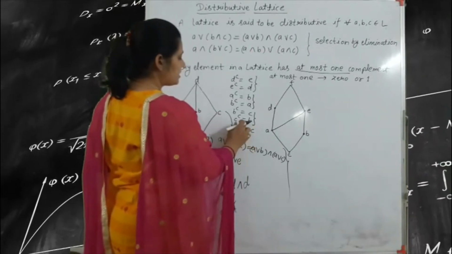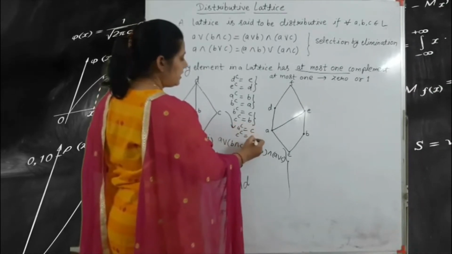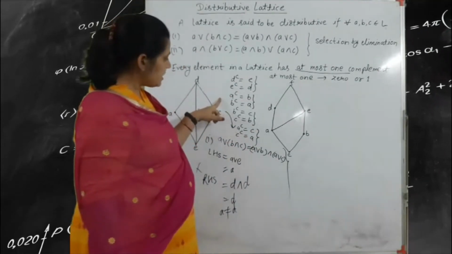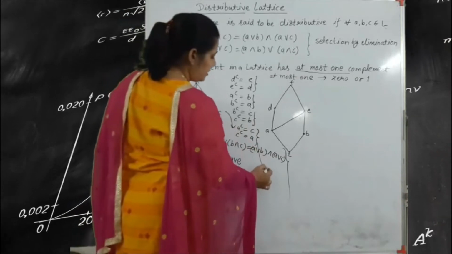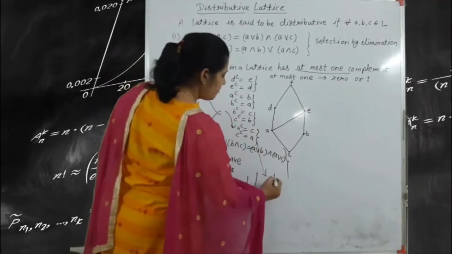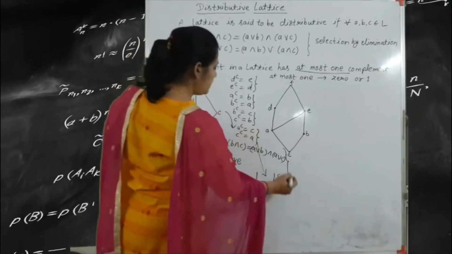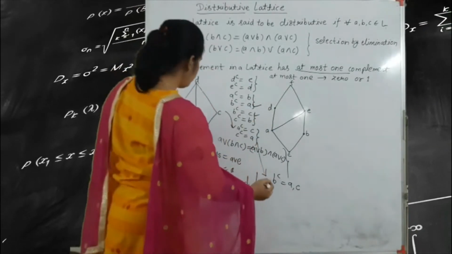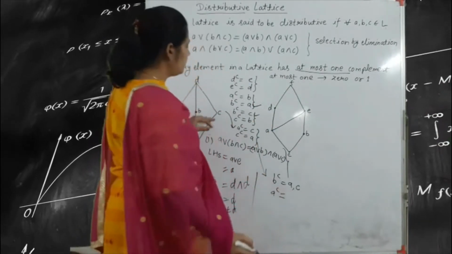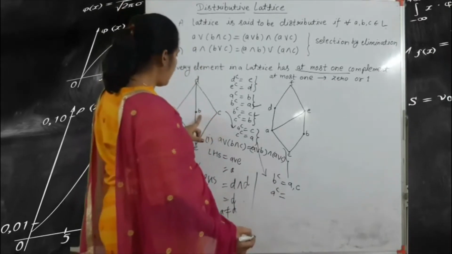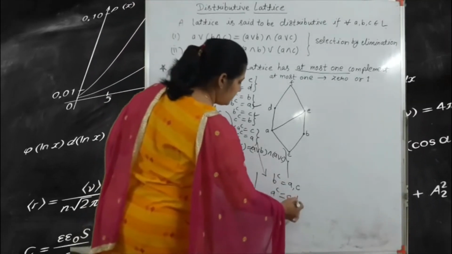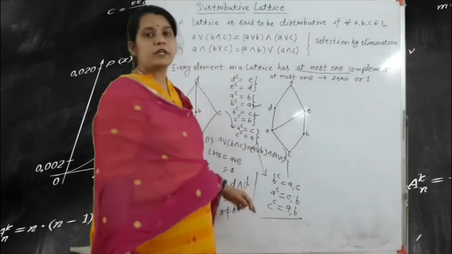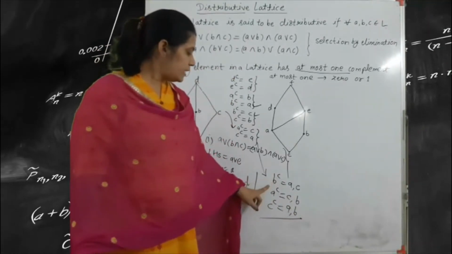So complement of A is equal to C and complement of C is equal to A. So according to this process, the complement of B is equal to A comma C. The complement of A is equal to C and B. And the complement of C is equal to A comma B.